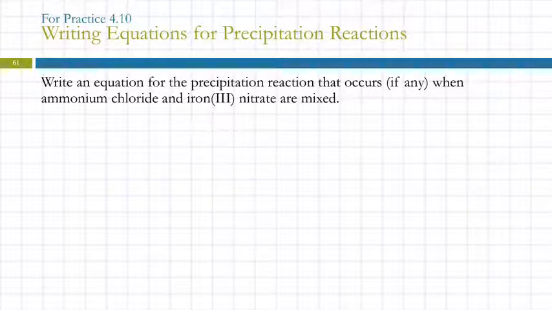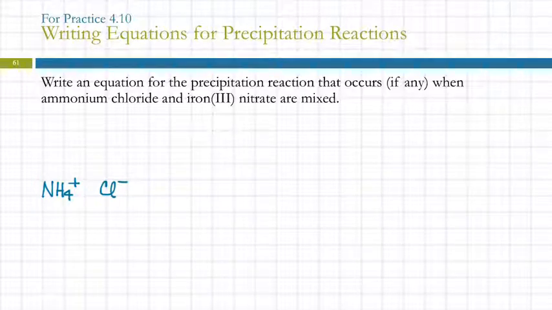So we have two ionic compounds here. We need the ion formulas with their charges. So here I've got ammonium chloride. So that's one of the reactants. Ammonium is NH4+ with a positive 1 charge, and chloride is Cl-.